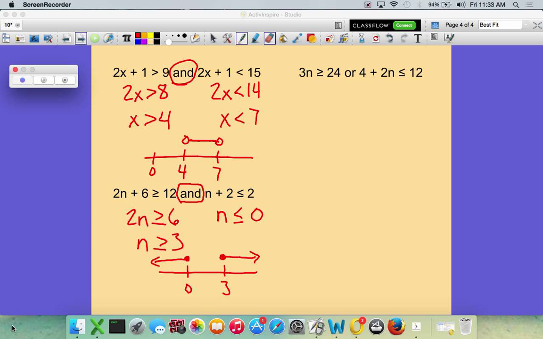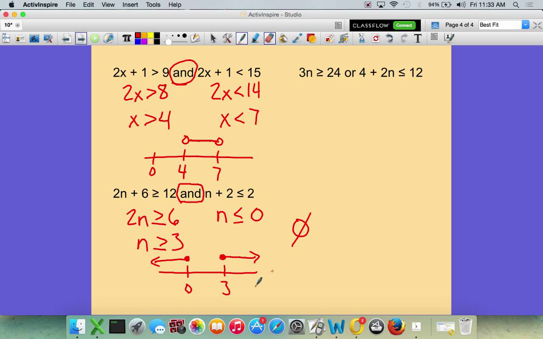No, that's not true. So any of the numbers to the left of 0 here do not work, even though it does work over here, doesn't it? -1 plus 2 is 1, 1 is less than 2. So it does work here, and "and" means, where does it work for both of them? We don't have a region where it works for both of them. So when they're pointed away from each other like this, your answer is going to be no solution.